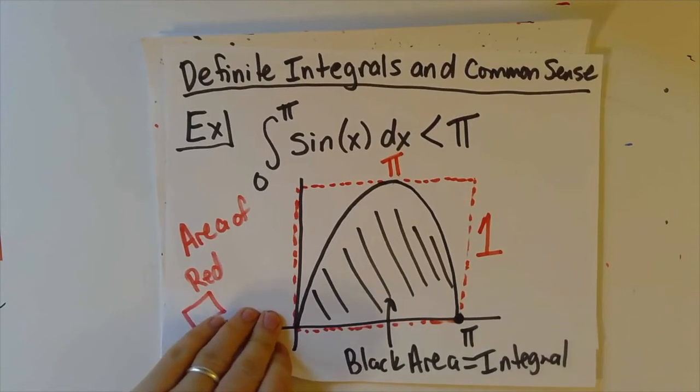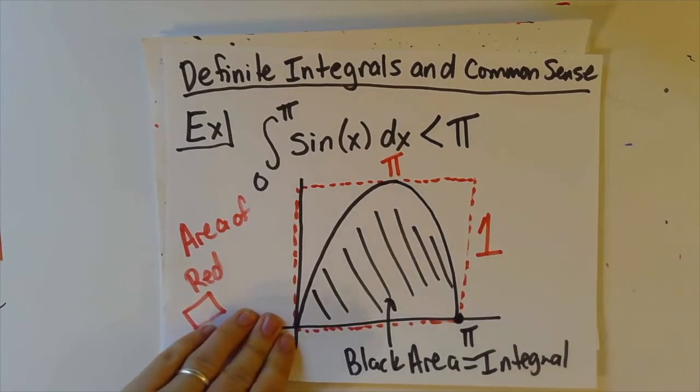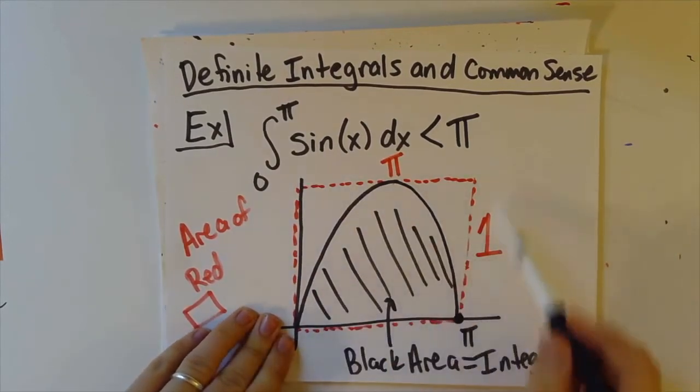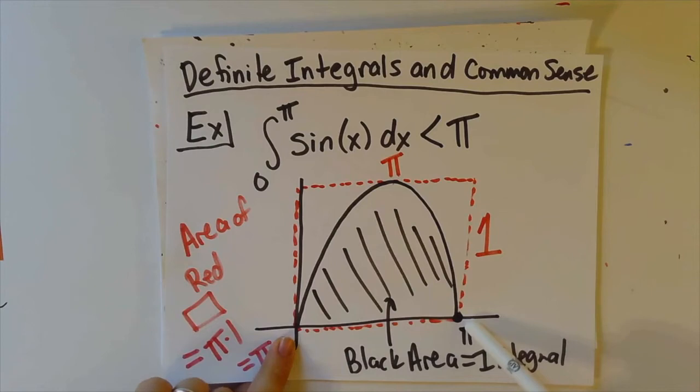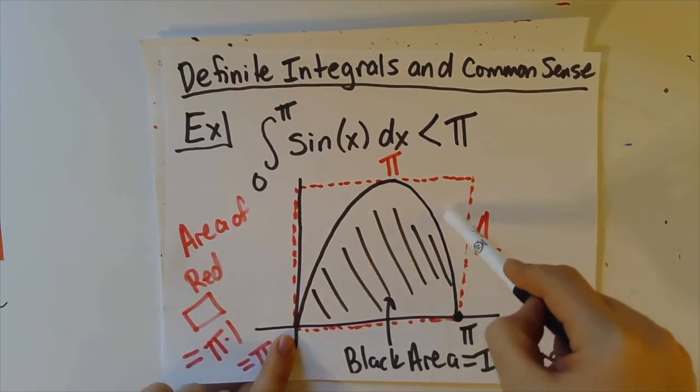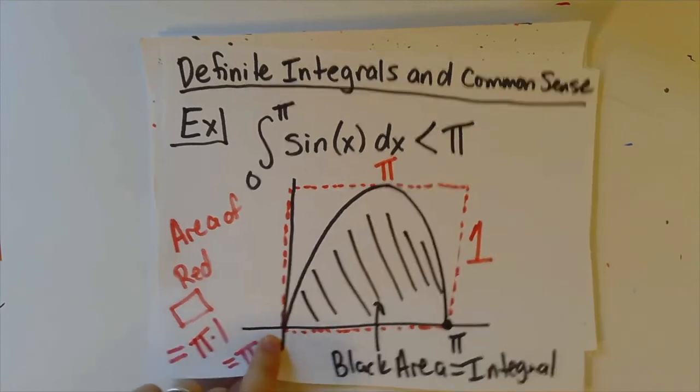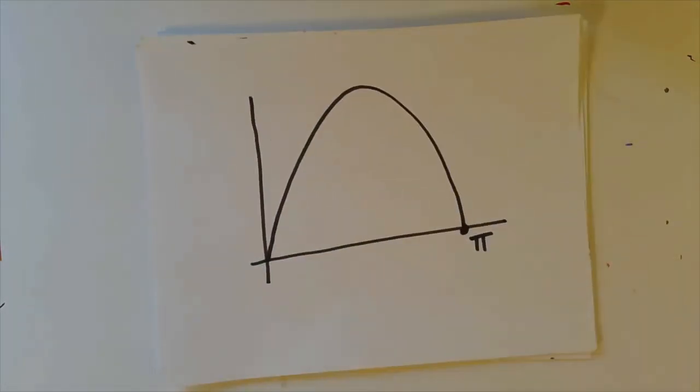Just before I wrap up, I want to point out you can do the opposite as well. Here, I found a shape whose area I knew that contained the area, which told me the black area is less than the area of the red thing. I can do exactly the opposite too: find a shape whose area I know that's contained in the area.